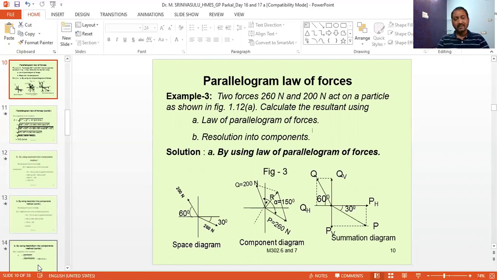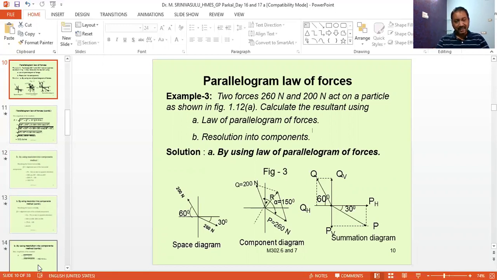So that means it's negative. However, because the force P is acting in the fourth quadrant, in the fourth quadrant the sine theta is negative. Therefore, P into sine 30 will become negative.